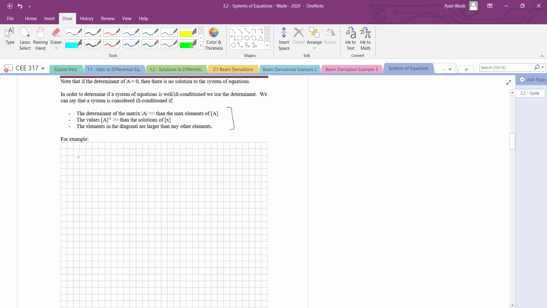So if we have a matrix that looks like this, that's the first part.